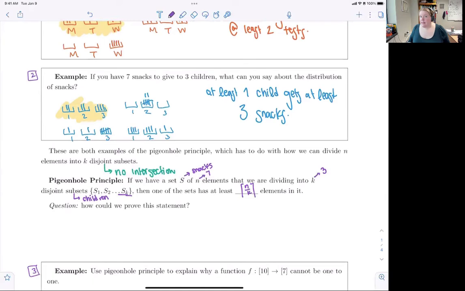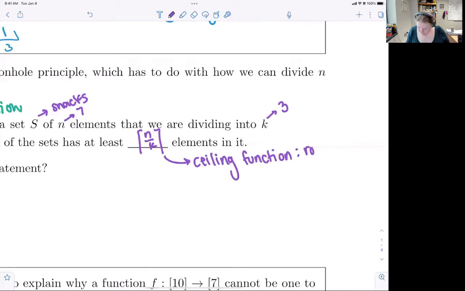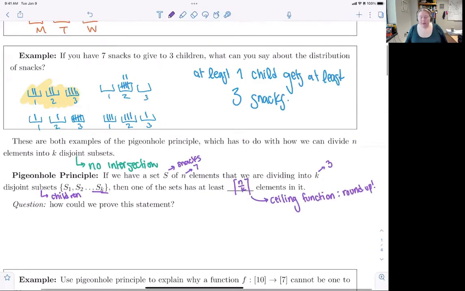This is what's called the ceiling function. And what you want to do with this is round up. So for example, when we had 7 and 3, we had 2 and a third, which rounds up to 3.